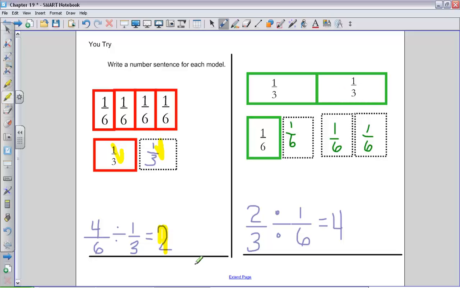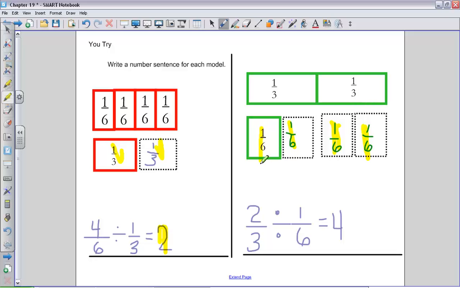Over here I'm starting out with 2/3. 1/3 and 1/3 is 2/3. And I'm dividing that into 1/6 sections. So how many 1/6 sections can fit into 2/3? That's what I'm trying to figure out. I can draw in 1, 2, 3 more 1/6 sections.